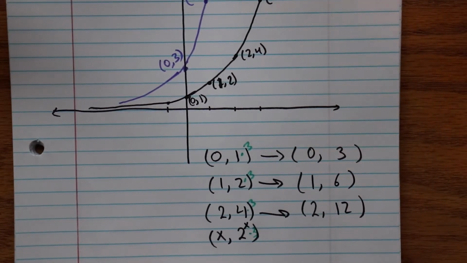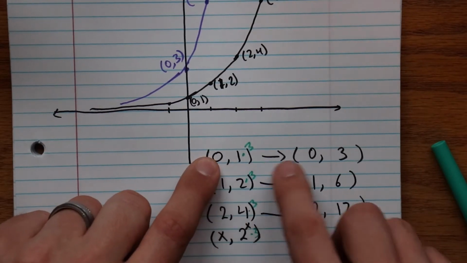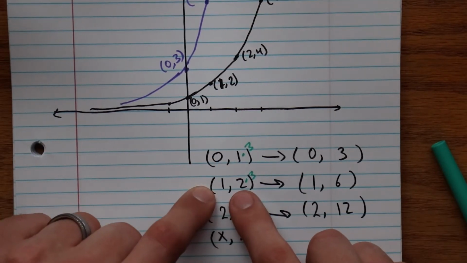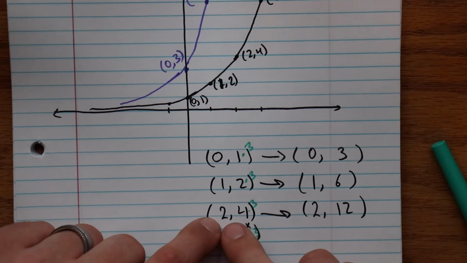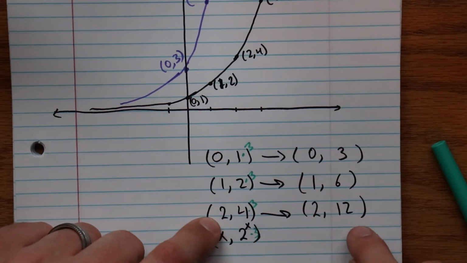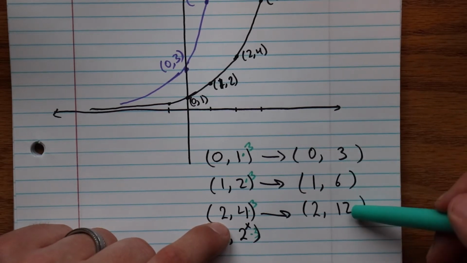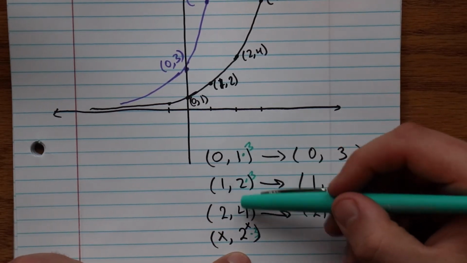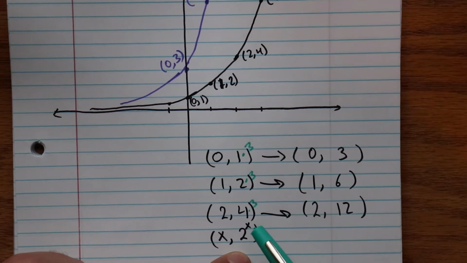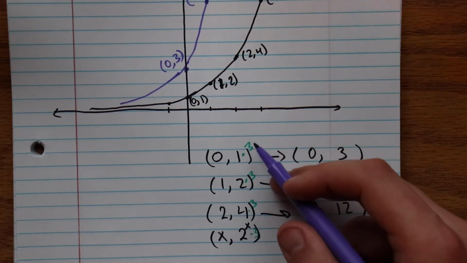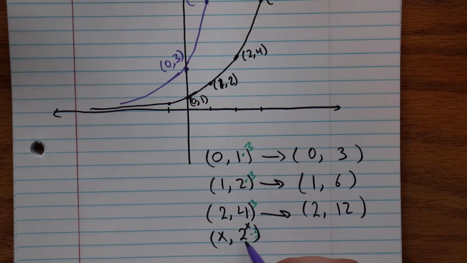Check this out. Your old point was 0, 1, you want it to be 0, 3. Old point was 1, 2, it needs to be 1, 6. Old point was 2, 4, you need it to be 2, 12. But if you notice here, all you have to do is multiply those outputs by 3. And since the output was constructed by 2 to the x, if you want to do a vertical stretch by a factor of 3, all you're going to have to do is multiply 2 to the x by 3.